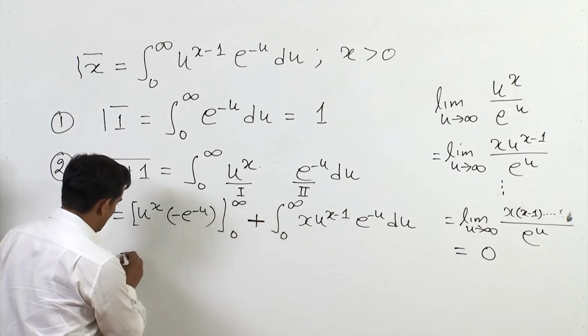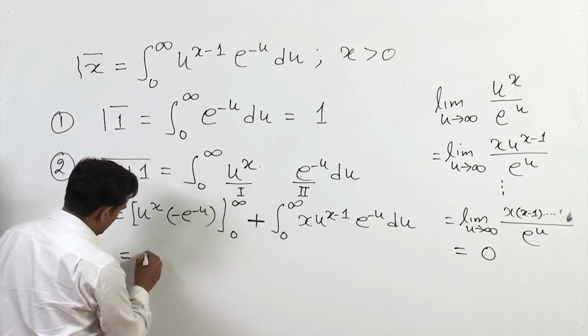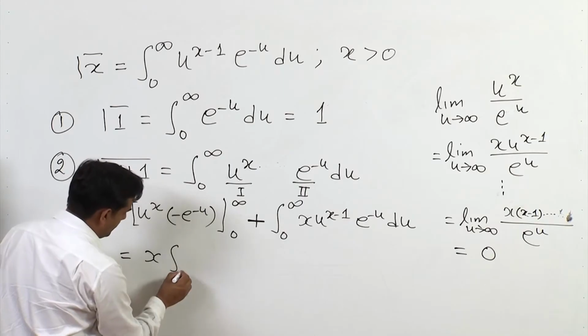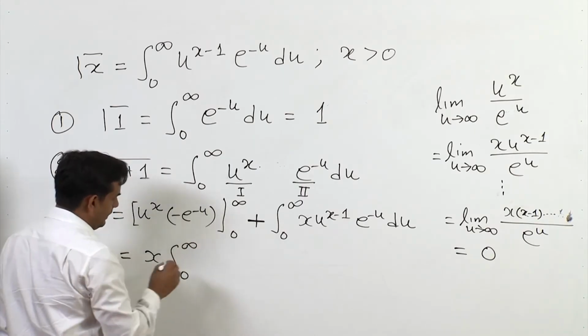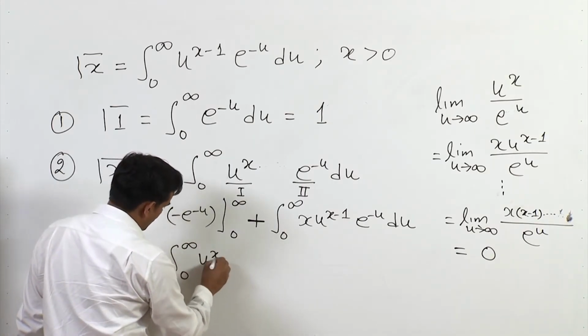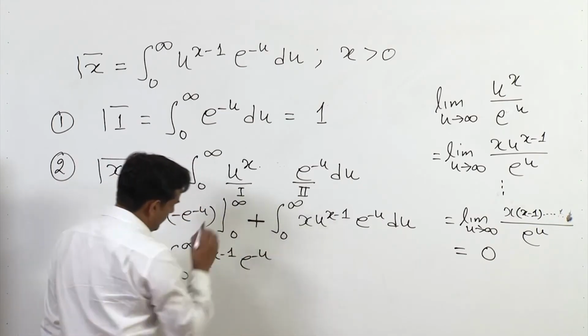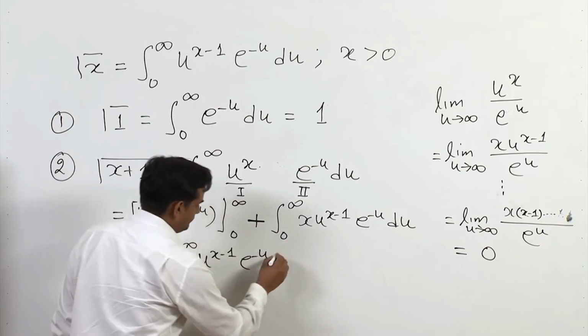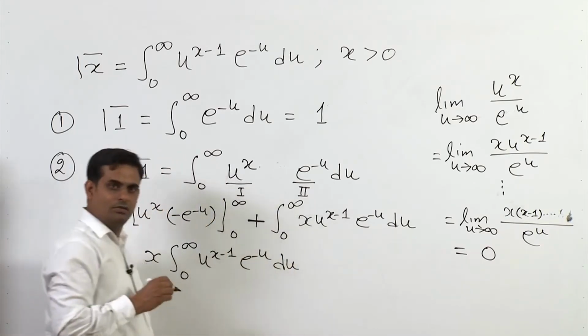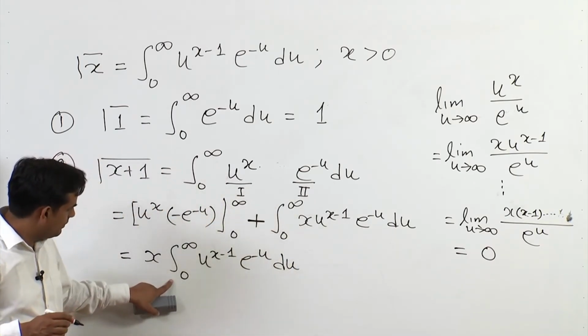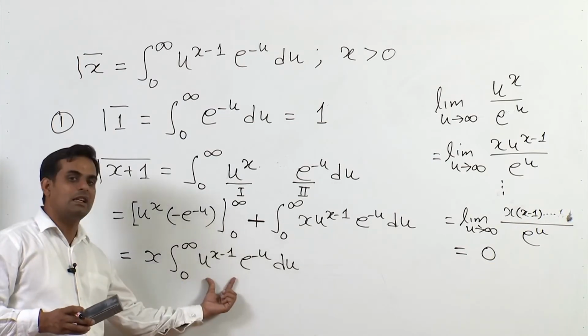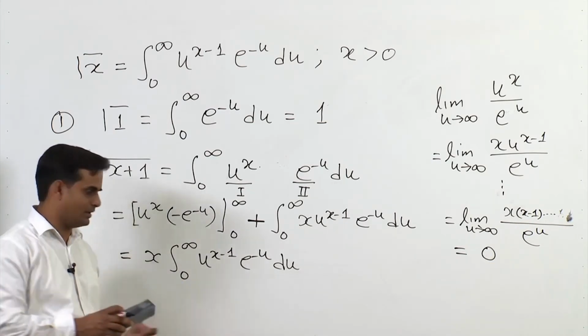So I can take this x out. So, x times the integral from 0 to infinity of u raised to power x minus 1, e raised to power minus u, du. Now, this is quite familiar to us, this is gamma x.